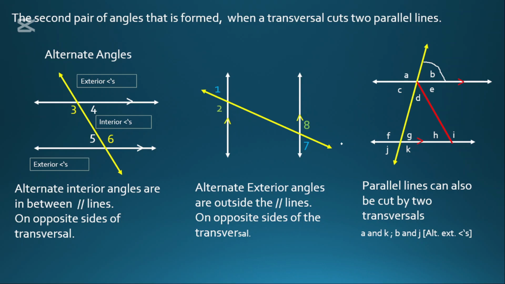Now we move to the inside, in between these two white lines. You see here, one on the one side, one on the other side, but in between the parallel lines. So C and G, they are alternate interior angles. We have another pair, F, but now watch this one.